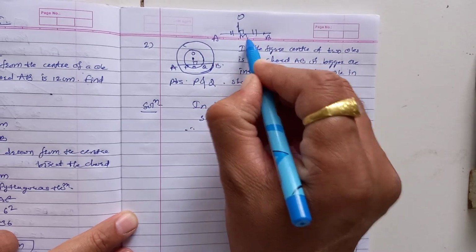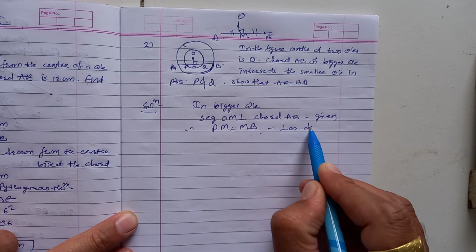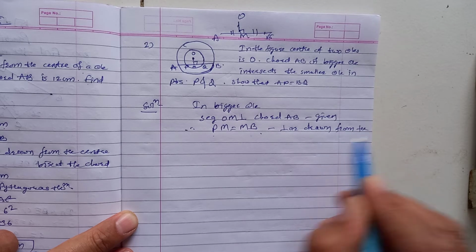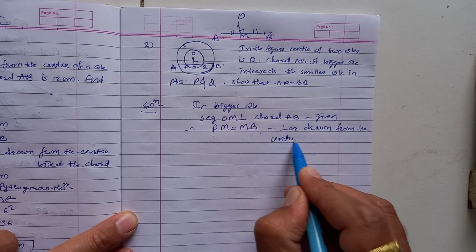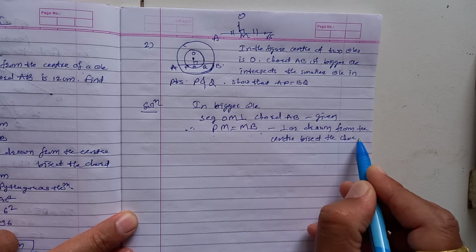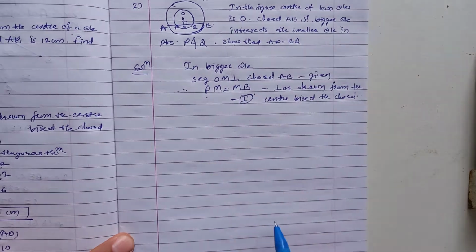No? AM is equal to MB. Reason, perpendicular drawn from the center bisect the chord. Okay. So this is suppose first one.